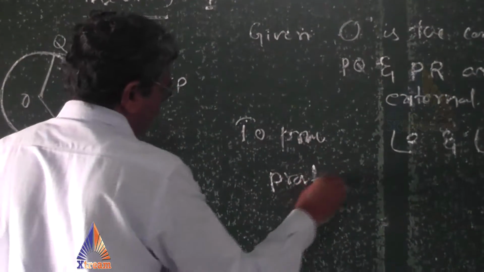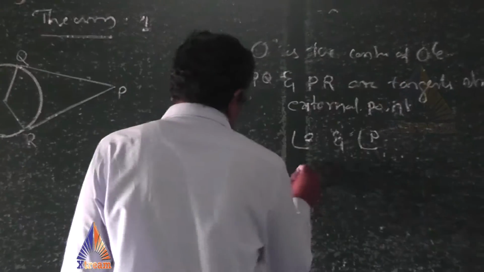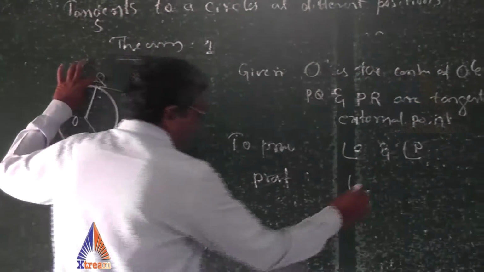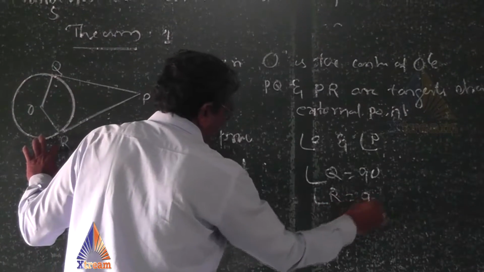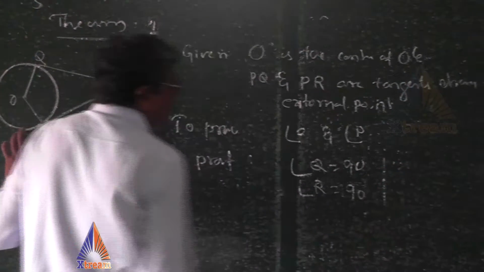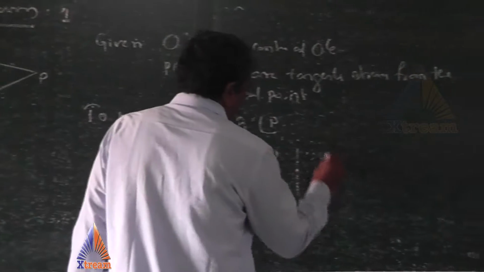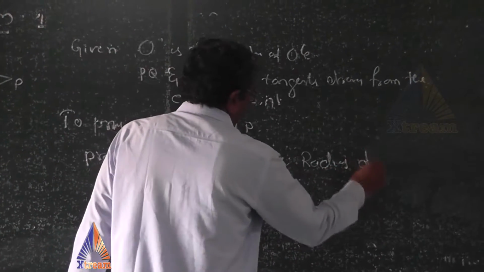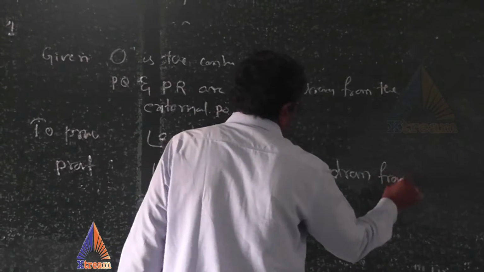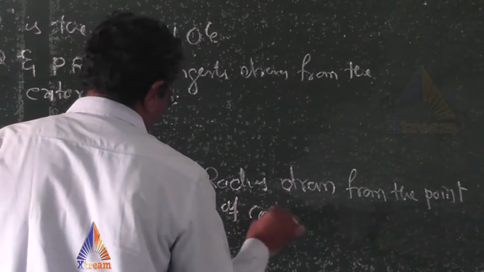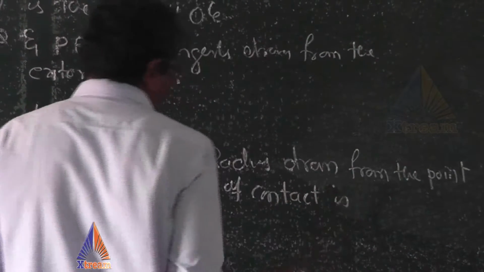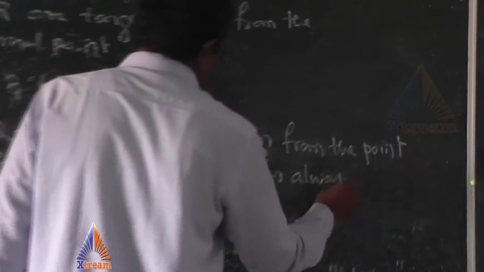Proof of the problem. The given condition is angle P is equal to 4 by 5 of angle O. You know that angle Q is equal to 90 degrees and angle R is equal to 90 degrees, because the radius drawn to the point of contact is always perpendicular.